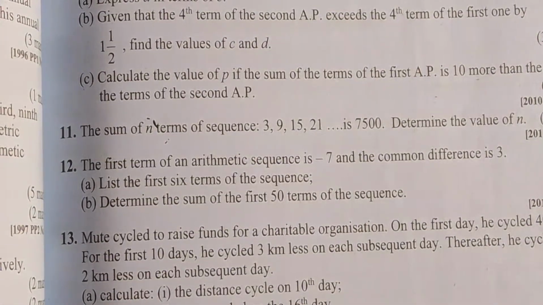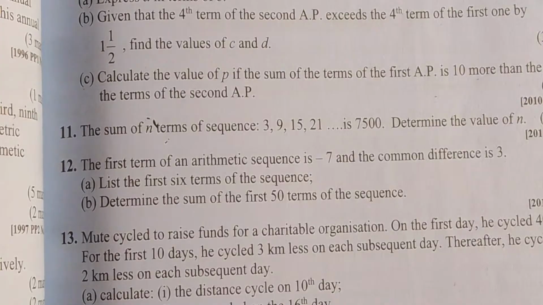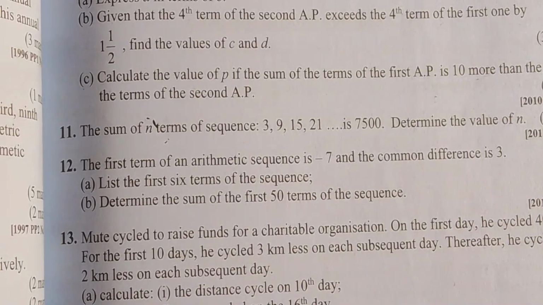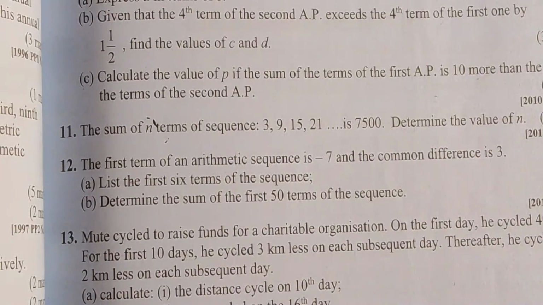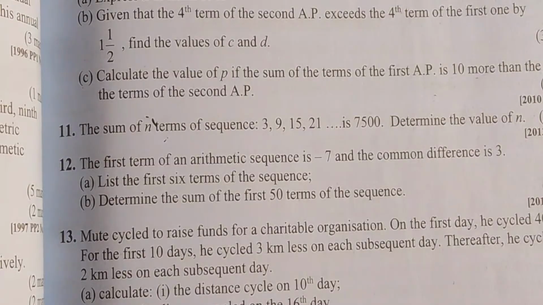So unaona the sum of n terms of a sequence 3, 9, 15, 21 is, tumepewa 7500. Determine the value of n. Nataka tufanye hilo swali. I hope umeliandika. Hili number 11.